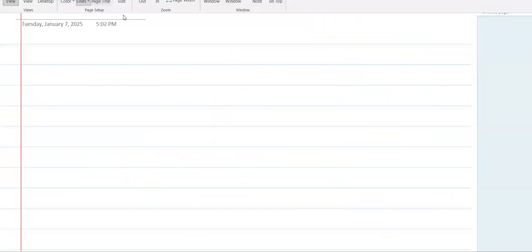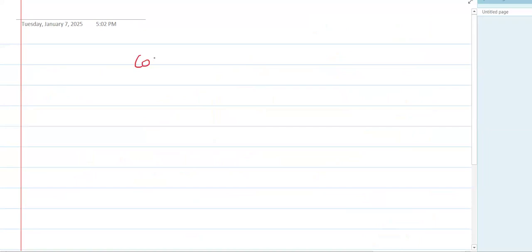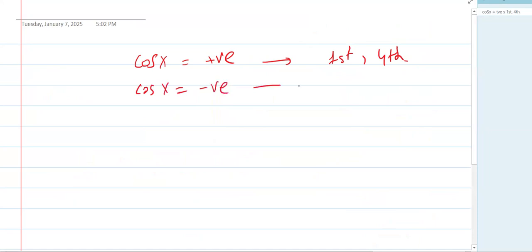I will make it easier for you. Remember, if cos is positive, it means the possible quadrants are first and fourth. It is in either one of them. And if cos is negative, then the possible quadrants are second or third.